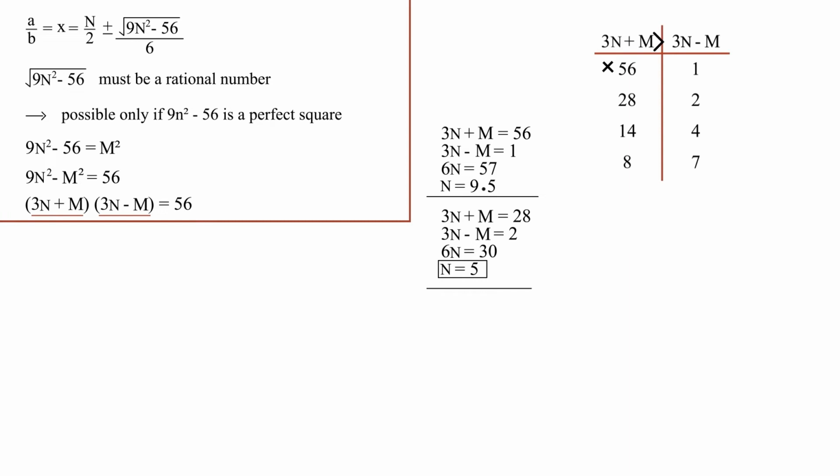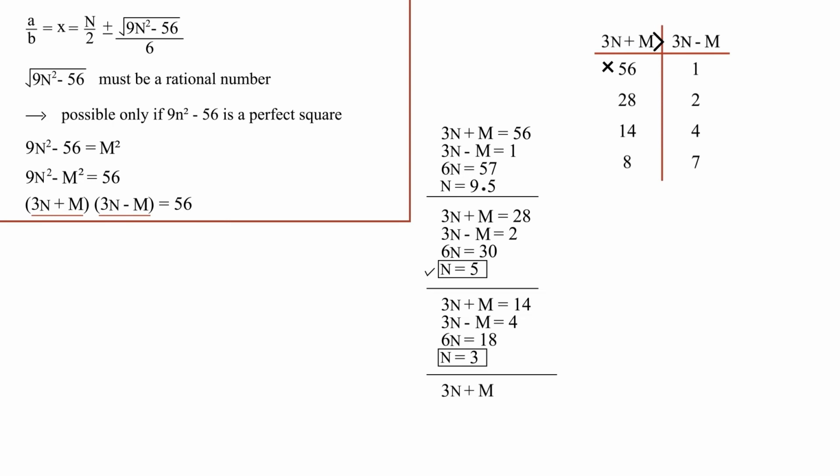In the next one, 3n plus m is equal to 14, and 3n minus m is equal to 4. Adding, you get 6n is equal to 18, and therefore n is equal to 3. So that's another one that helps us.